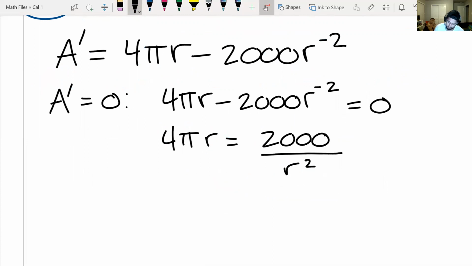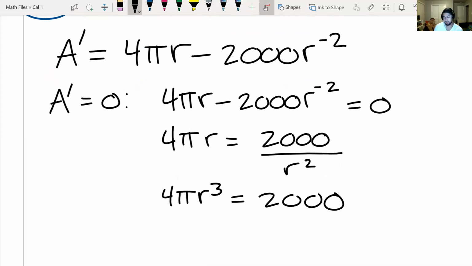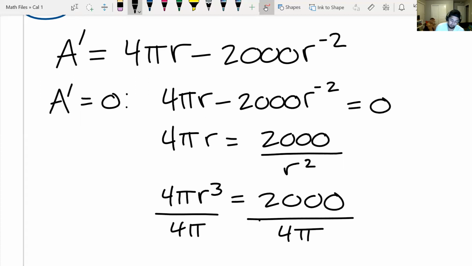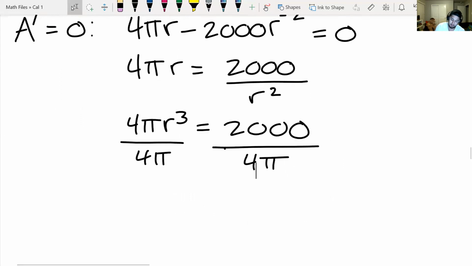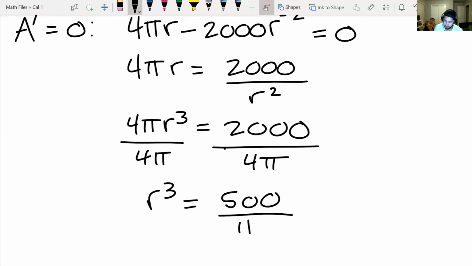And you get 4 pi r cubed equal to 2000. Now, divide by 4 pi, and you get r cubed equals 500 over pi, because 2000 over 4 is 500.